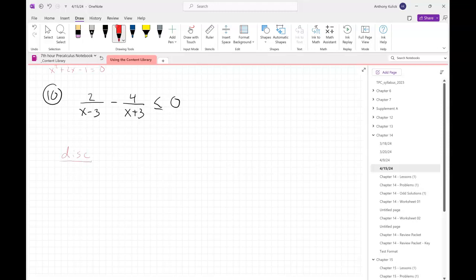My discontinuities and my zeros. Before I do this, I guess I'm going to pretend that's an equation, right? Should say that.